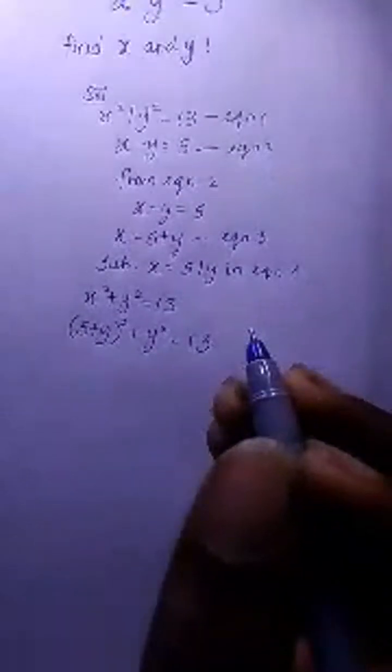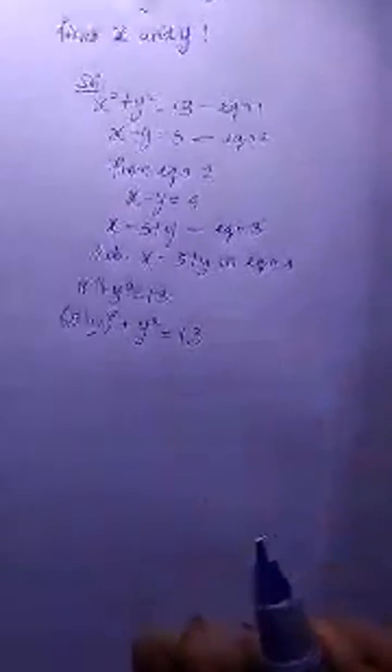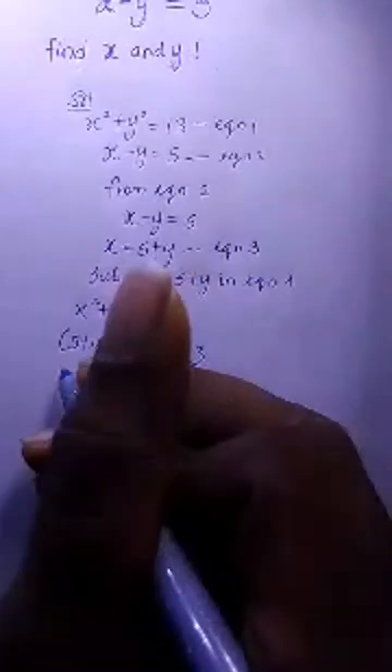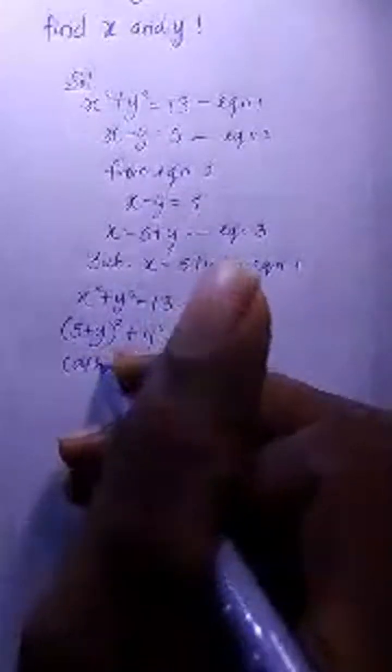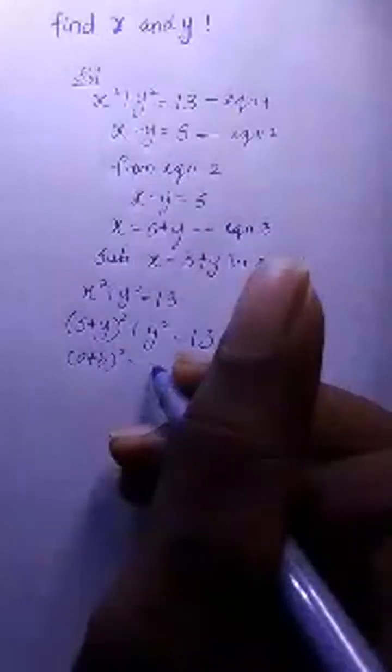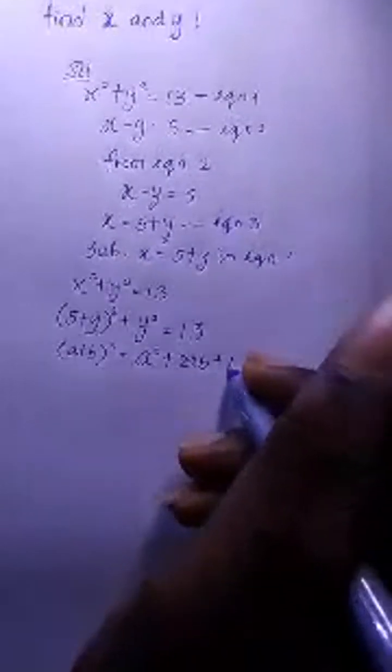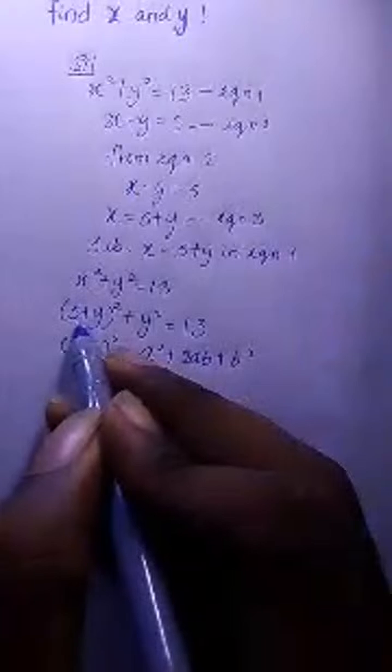When we have 5 plus y squared, it's just as if we're having a plus b. When we have a plus b squared, it will be equal to a squared plus 2ab plus b squared. And 5 plus y is the same thing as y plus 5.